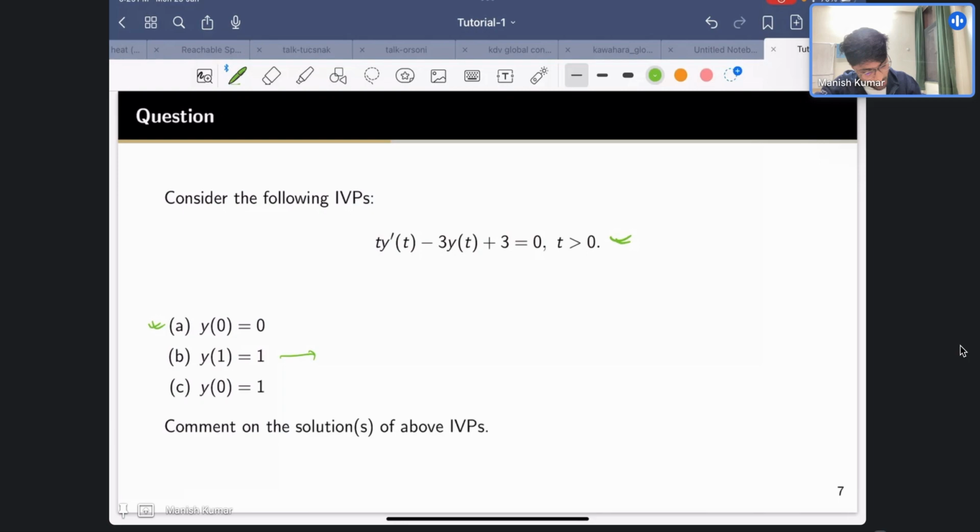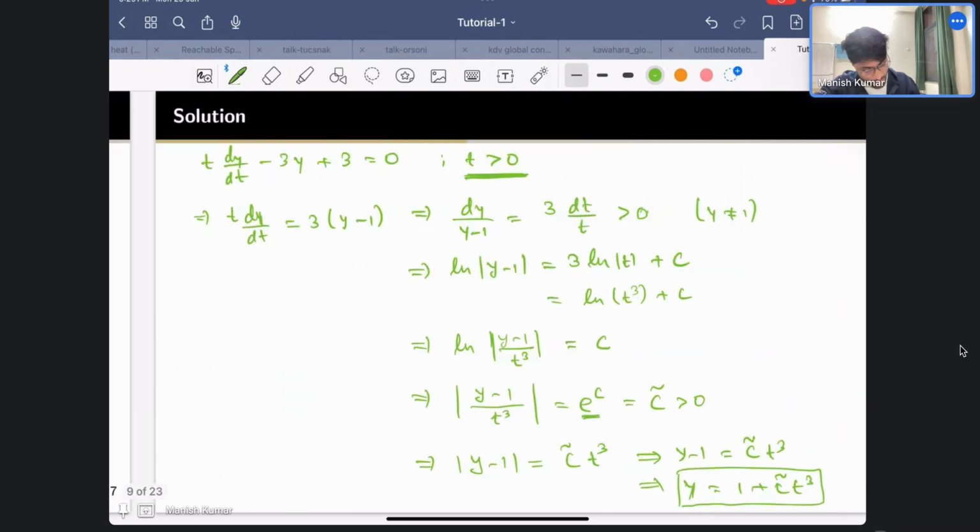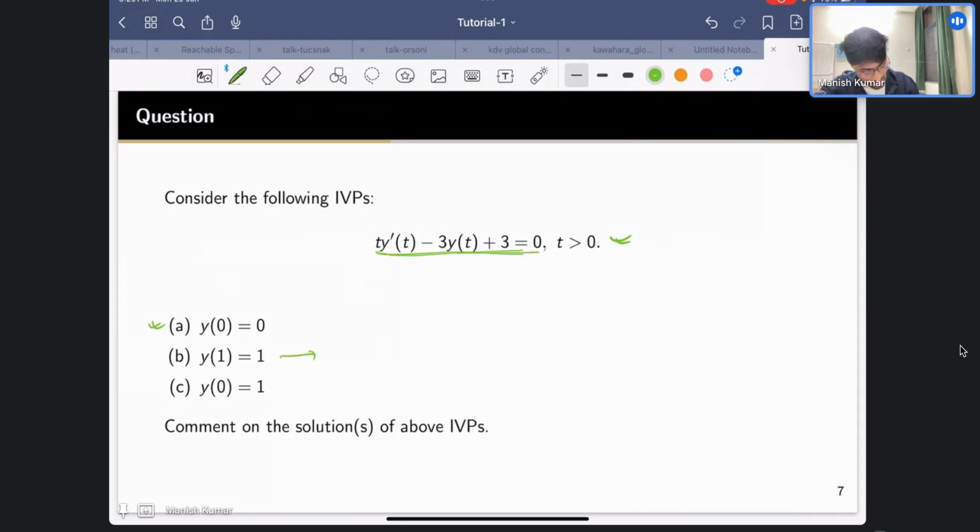If I put y equal to 1 here, the differential equation is satisfied. So instead of going this way, just looking at the equation, I can say y(t) equal to 1 for all t greater than 0 is a solution of this initial value problem. I cannot guarantee the uniqueness; for now I'll just say that it is a solution.